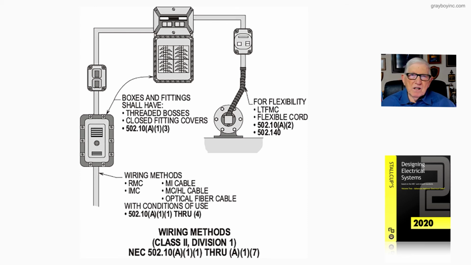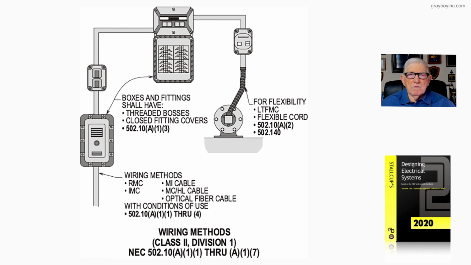So basically, this figure 21-32 is illustrating the wiring methods permitted in Class 2, Division 1, in accordance with 502.10(A)(1) through (A)(7). And any of those wiring methods is permitted to be used.